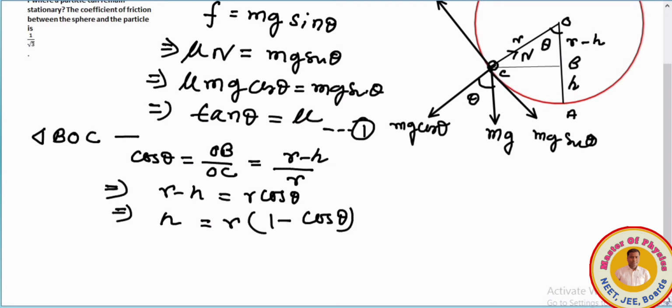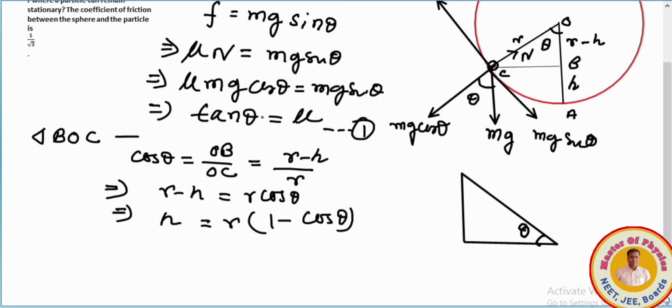How to find it? Just draw a right angle triangle, where this angle is theta.